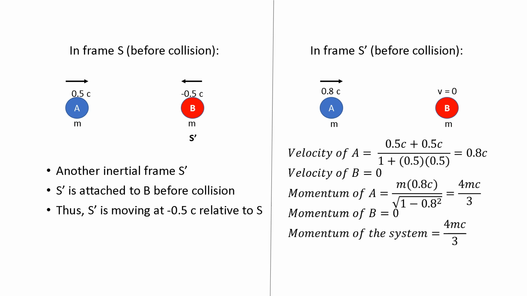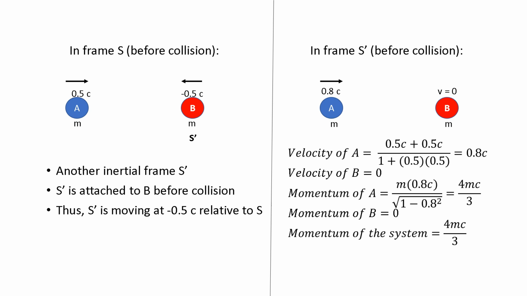Velocity of B in S prime is 0. This is because in frame S, S prime is moving at negative 0.5 c and B is also moving at negative 0.5 c. So the velocity of B relative to S prime will be 0. We use the momentum formula. We know that mass of A is m and the velocity of A we calculated as 0.8 c.